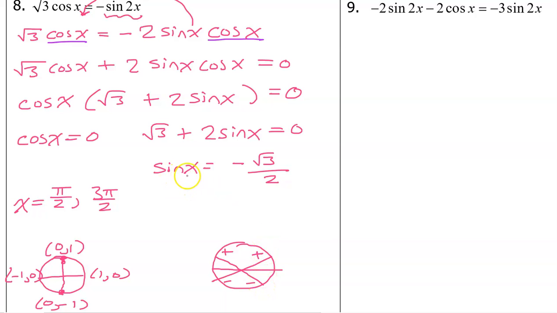In this case, sine is a negative value, so we should only be looking at this position and this position. Remembering that the reference angle is pi over 3, maybe I should make a little note of that. Reference angle is pi over 3.